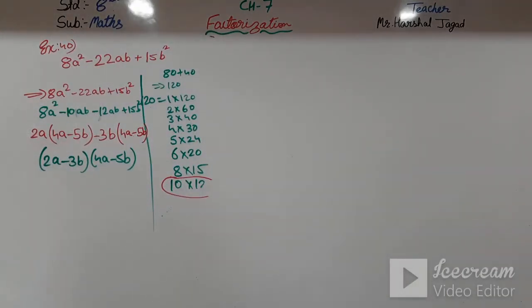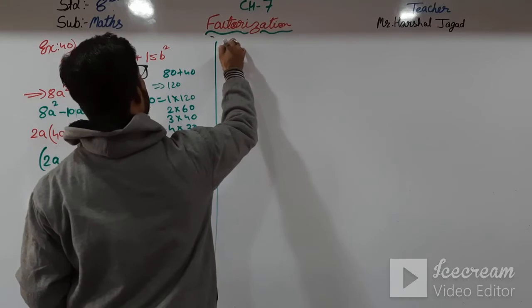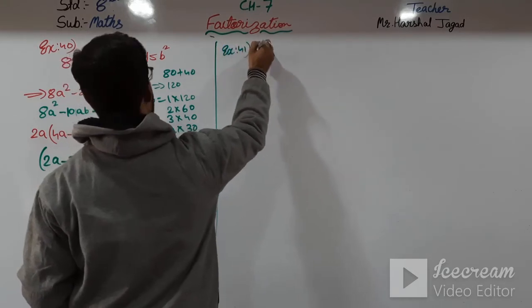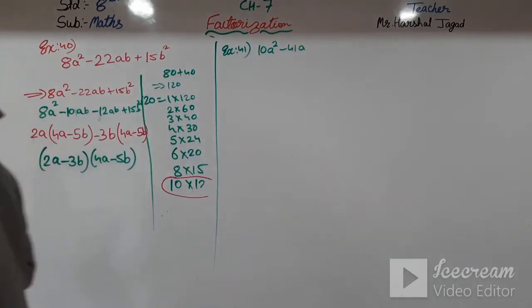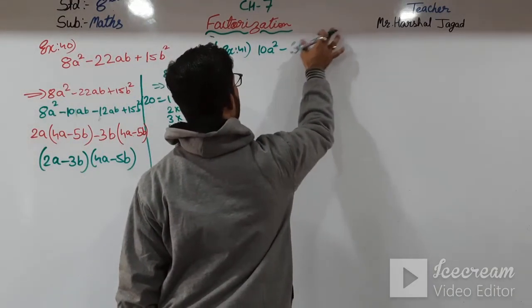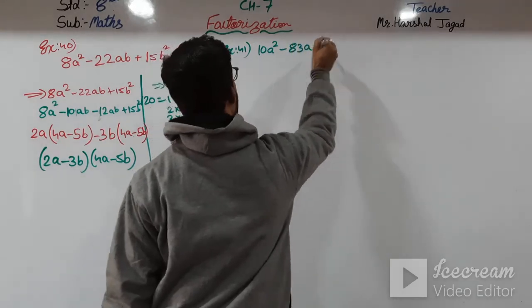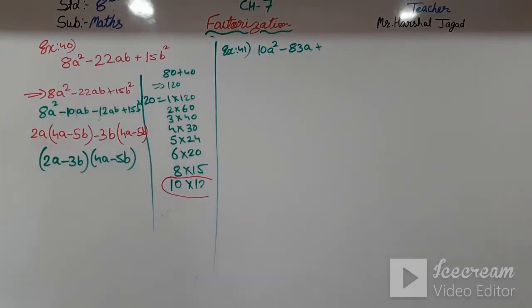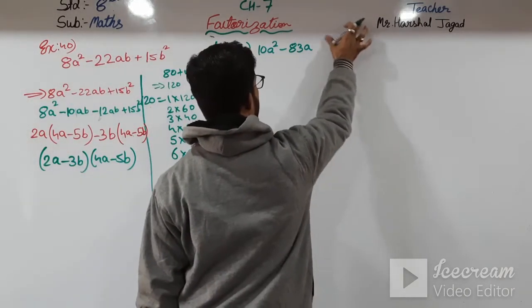Example number 41, that is 10a square minus 83a, here it is also another time minus, minus 17.